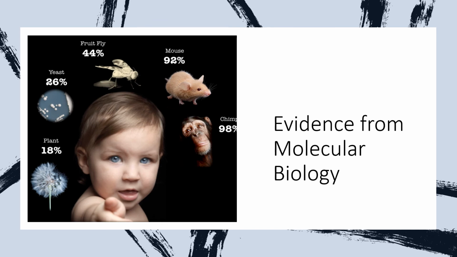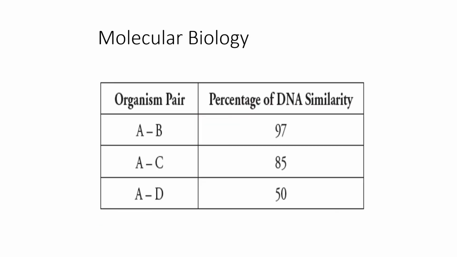Let's take a look at an example. So in this particular example, we have organisms A, B, C, and D. And we want to see how closely related they are. Well, if you're looking at A and B, there's 97% DNA similarity. If you're looking at A and C, you're looking at 85%. And if you're looking at A and D, you're looking at 50% similar DNA.